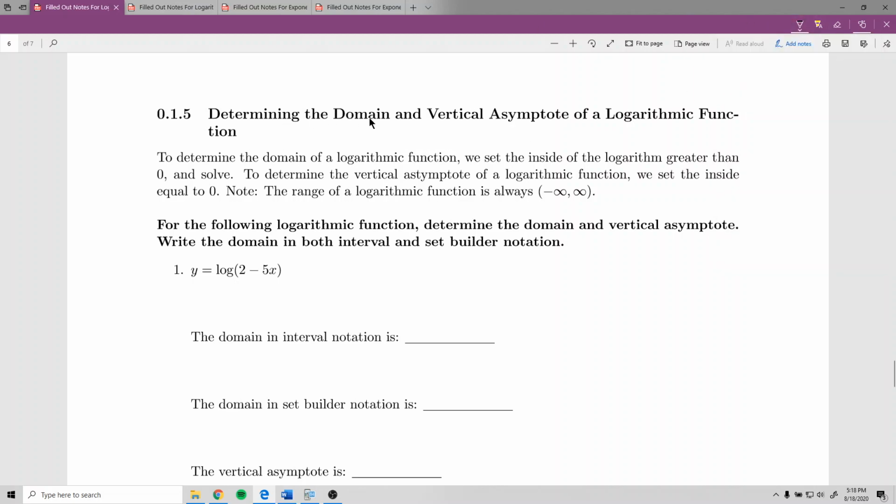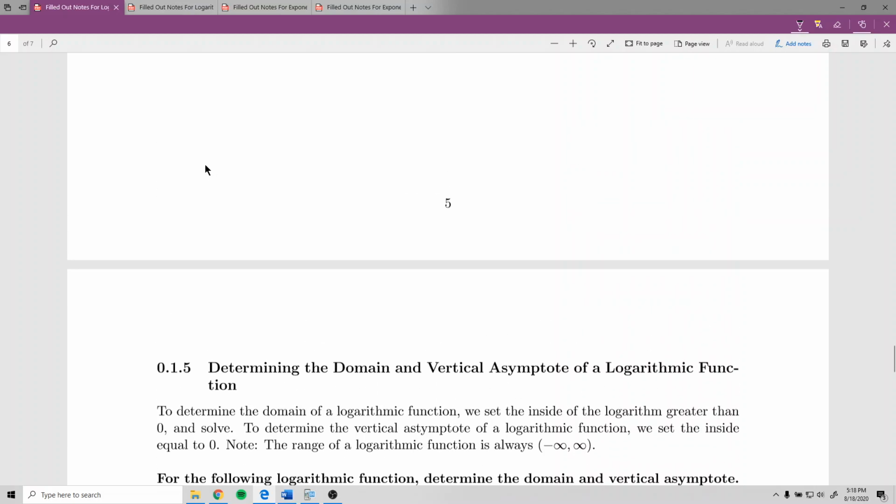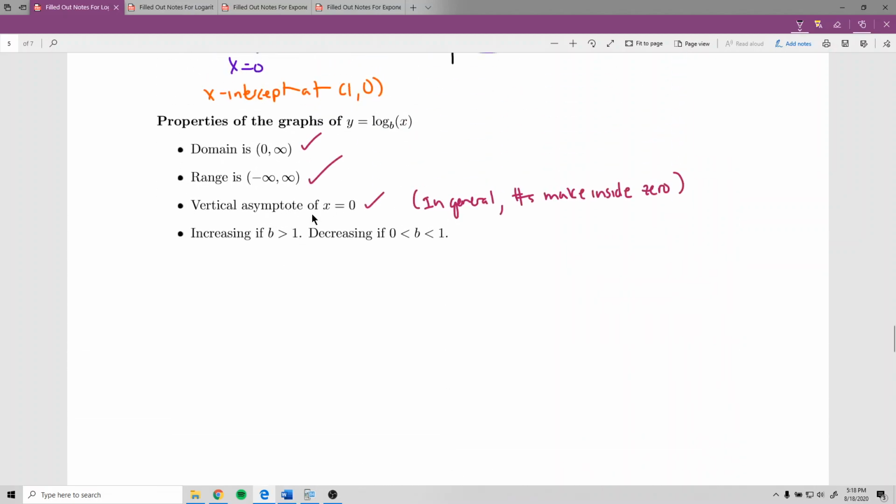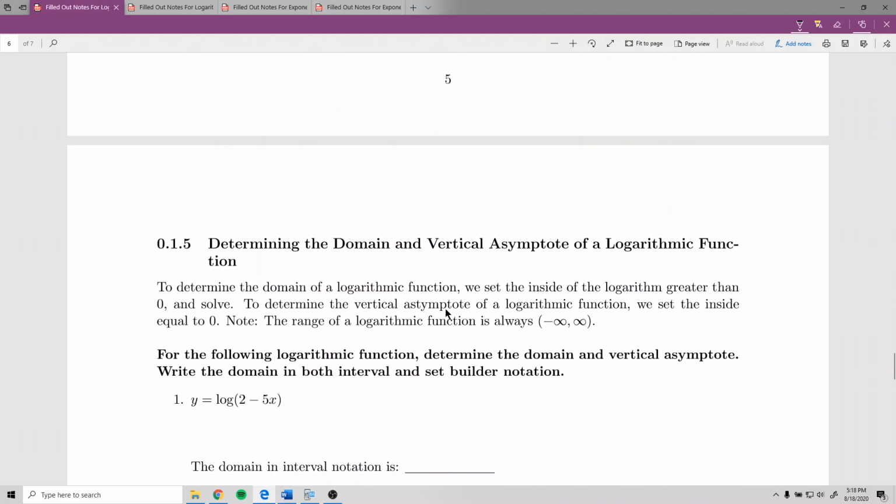All right, so determining the domain and vertical asymptote of a logarithmic function is rather straightforward. Notice, the vertical asymptotes are where the inside's 0. The domain is where the inside's bigger than 0. So to determine the domain of a logarithmic function, we set the inside greater than 0.